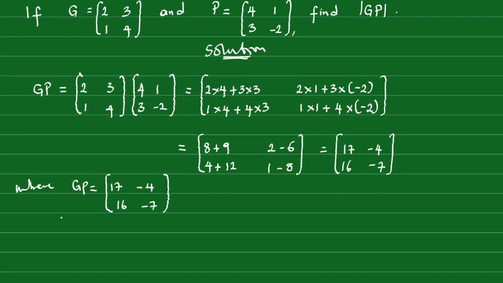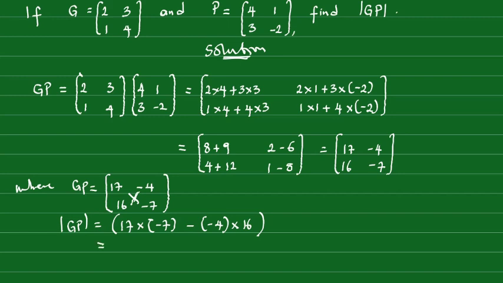This means that the determinant of GP will be equal to, what we'll do next is to cross multiply. So we have brackets open, 17 times open a small bracket, minus 7 bracket close, minus next in line we have a bracket open, minus 4 bracket close, times 16, all bracket close.